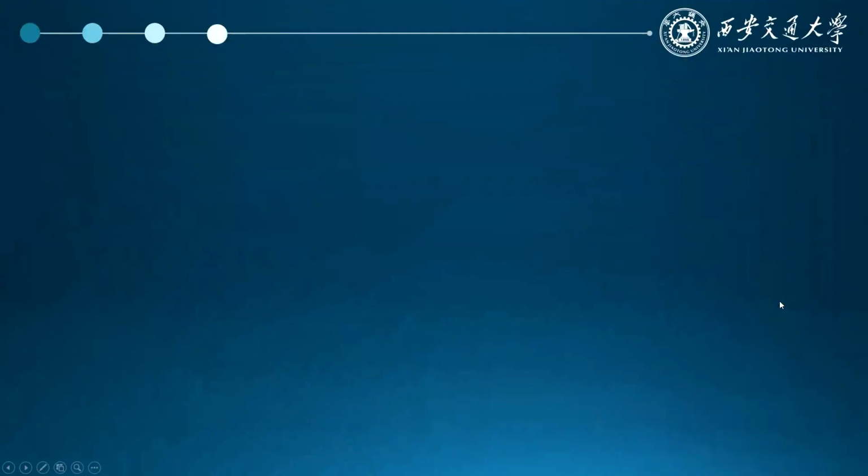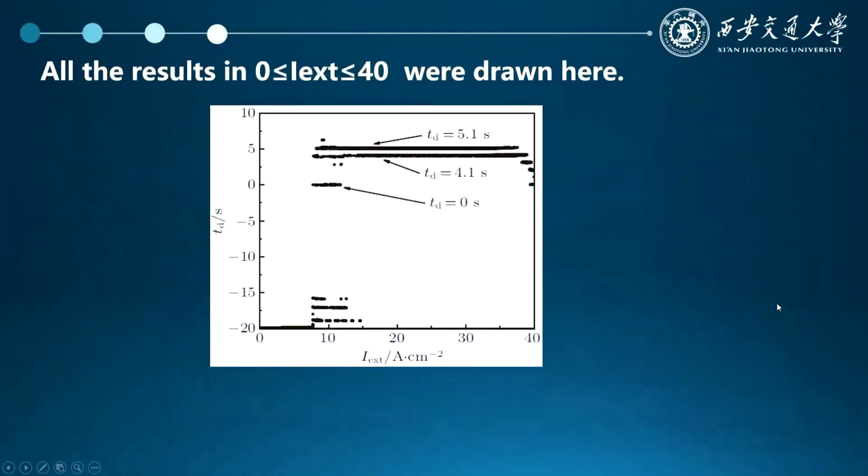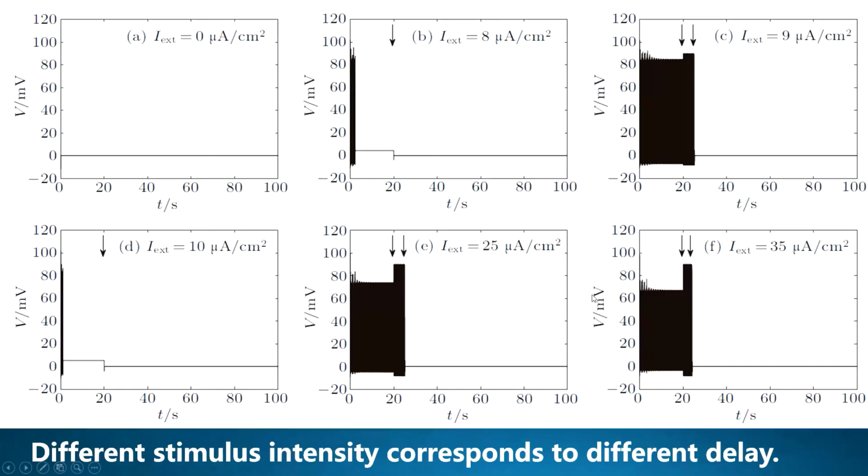As with the previous method, here the delay changes with external stimulus intensity from 0 to 40. The result here does not truly indicate that the delay equals 20 seconds in the interval 0 to 9.5. According to our definition, a negative delay is meaningless, as shown in the previous slide.